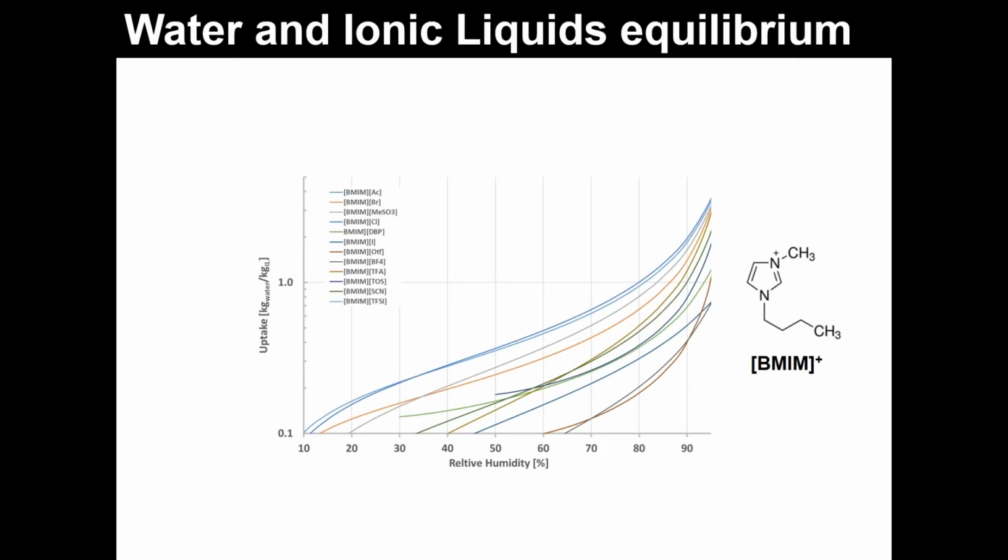So you see, I've put the uptake on a logarithmic scale, just to emphasize the fact that at very high relative humidities, usually above 80%, we can reach amounts of water above 1 for this ionic liquid, so 1 gram of water per gram of dry ionic liquid, or kilogram of water per kilogram of dry ionic liquid.